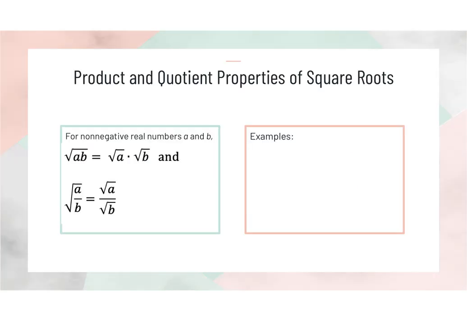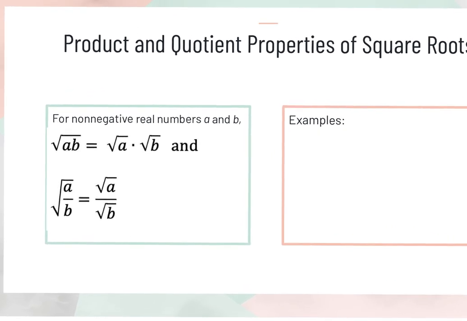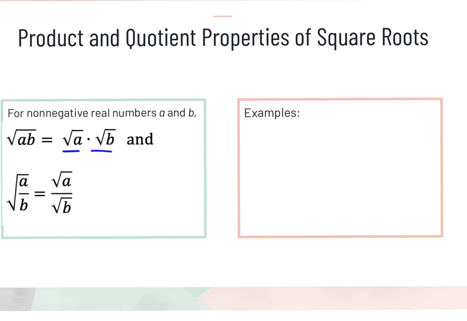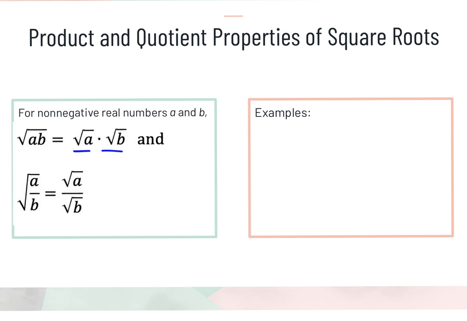A couple of ideas to remember about square roots. Multiplication and division, you can separate underneath square roots. So if I've got the square root of 36, I can split that up into 9 times 4.